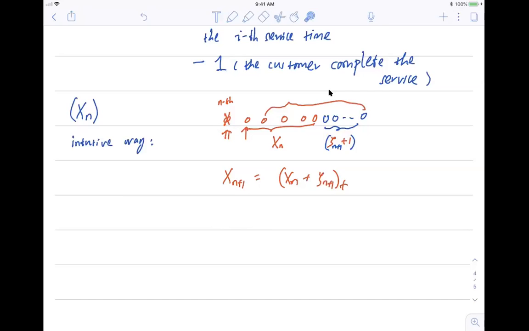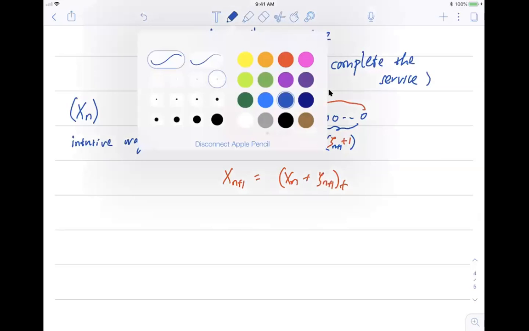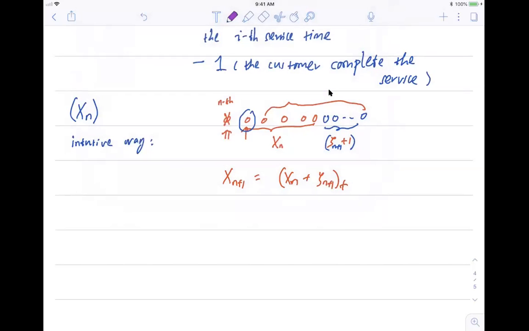For instance, if this guy gets served, there are new customers, let's call this n plus 2, plus 1. Those customers can be viewed as the children of this guy.